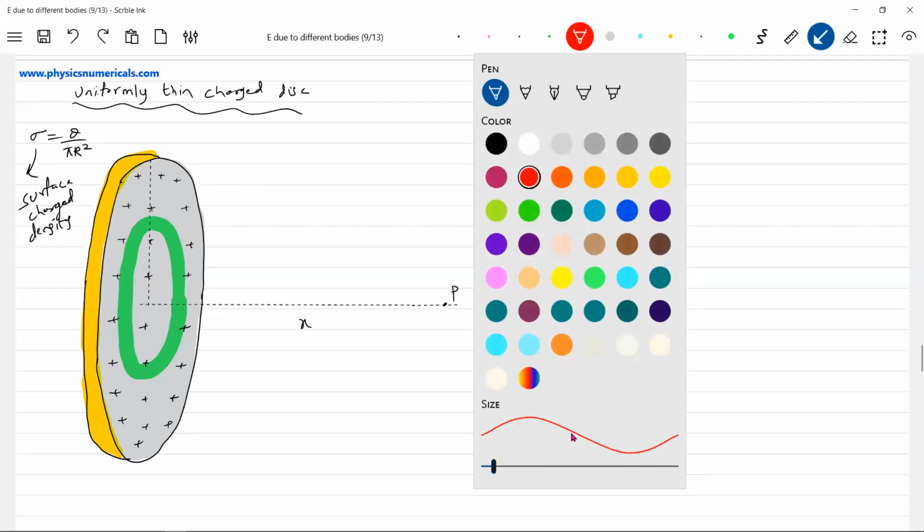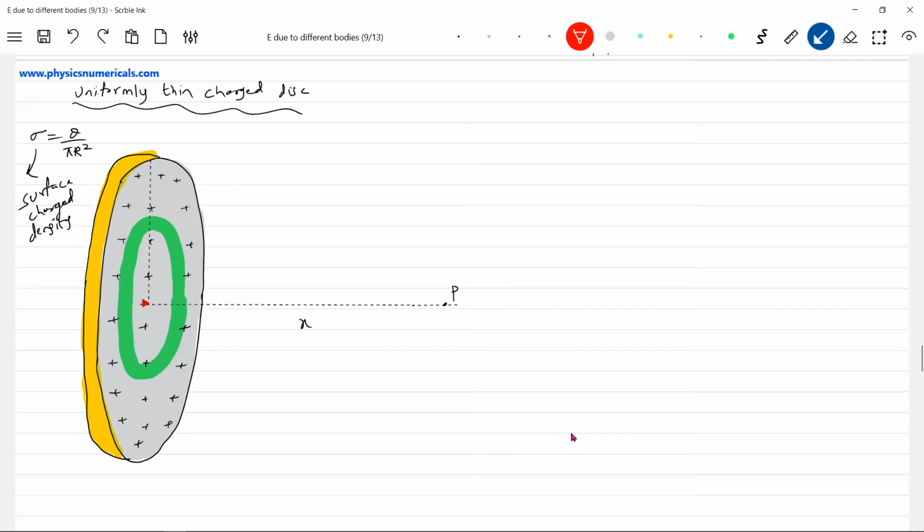Thickness of this, let it be dr. The width, sorry, the width, and let this be small. Radius of this is capital R, let it be.